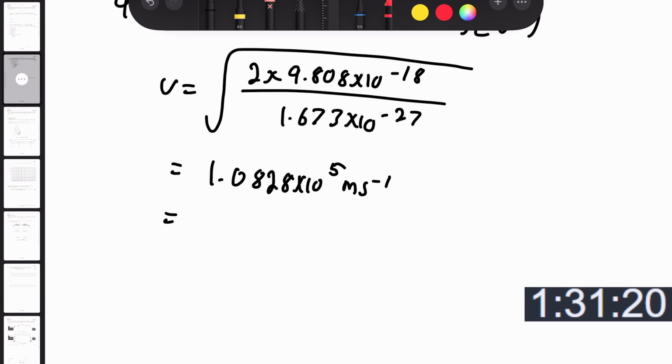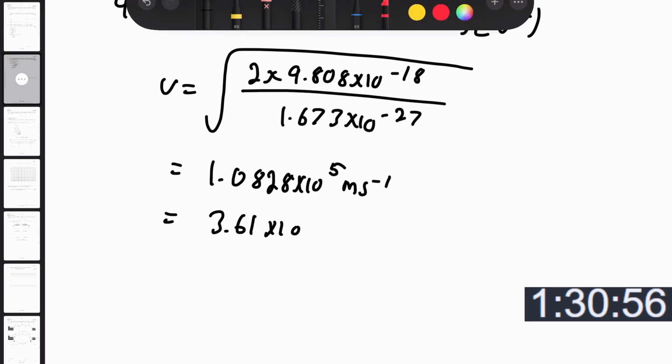Now I don't trust myself. I feel like I got that wrong already. Divided by 10 to the power of 8. 3.61 times 10 to the negative 4 c.